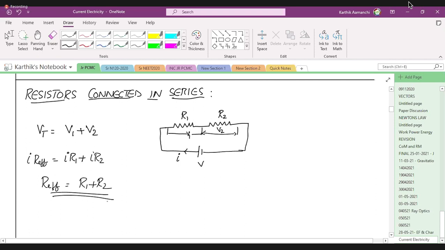This is not what I'm interested in because you already know it. What is your potential V1 in terms of your total current? Tell me.